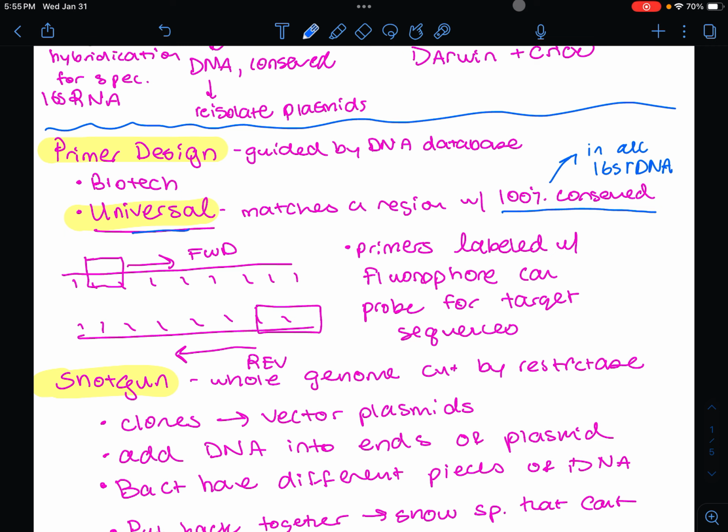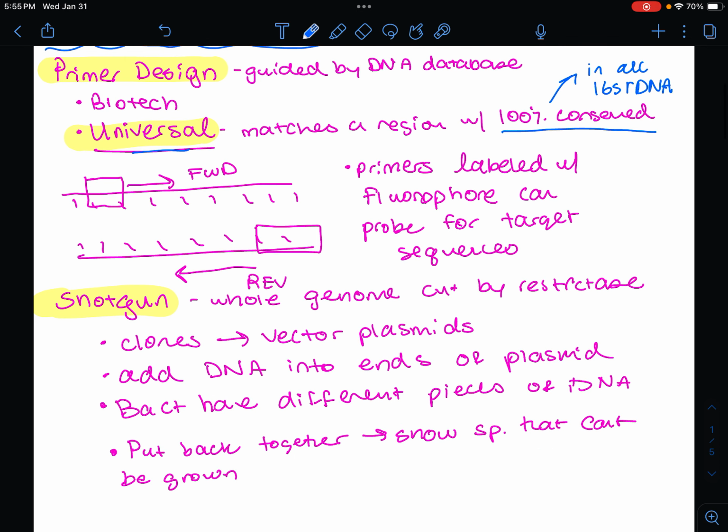So a universal one is just going to get what's conserved throughout all species. Again, primers could also be unique to both archaea and bacteria, or just archaea.